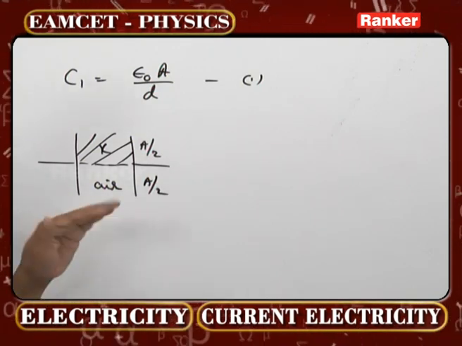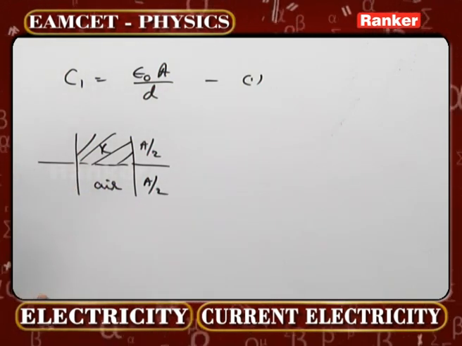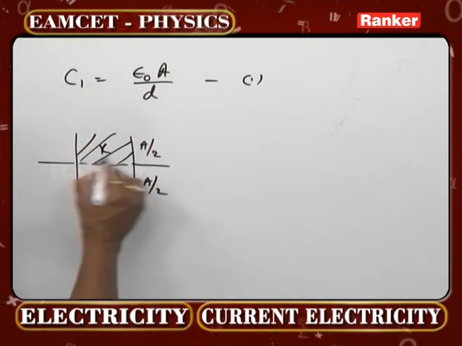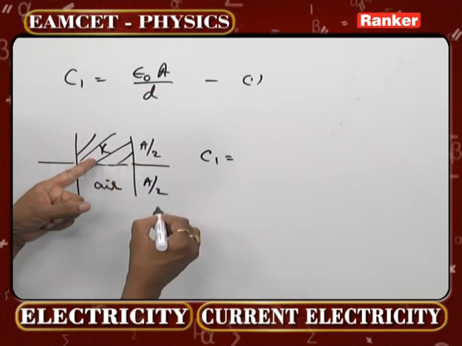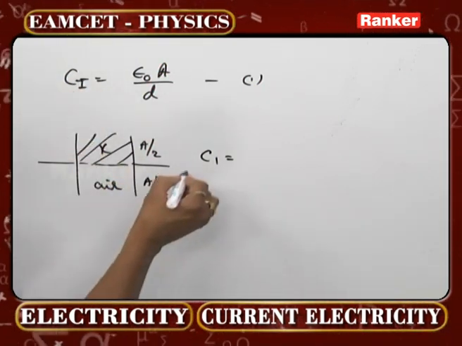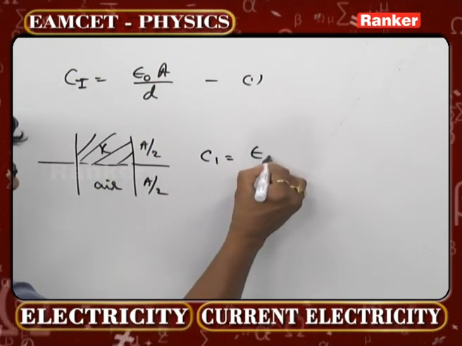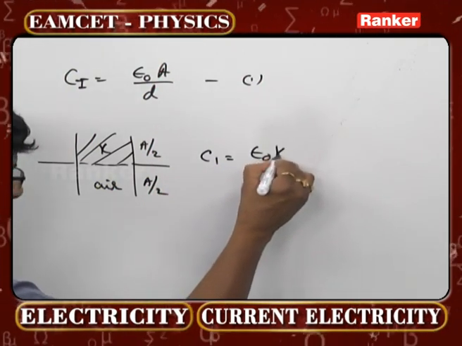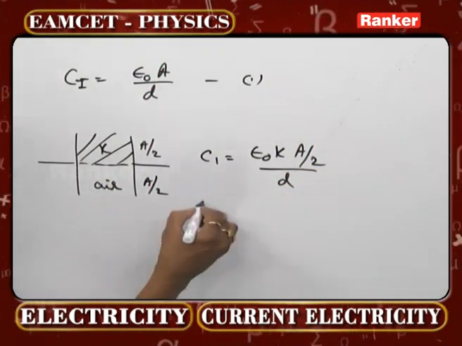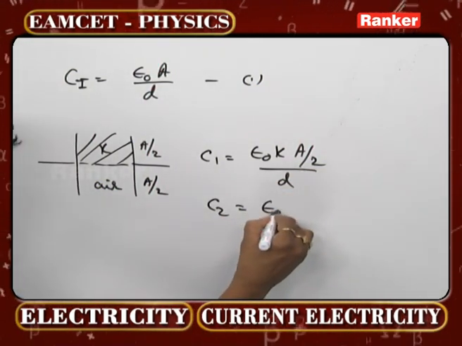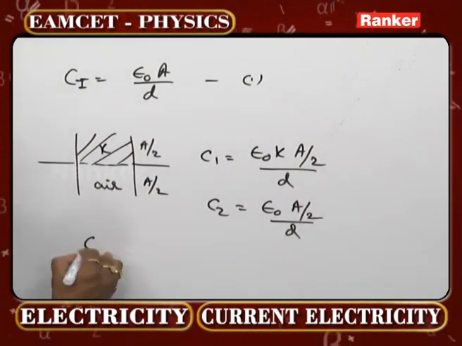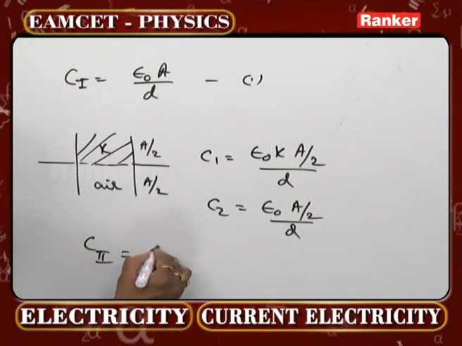So half of that area is covered with dielectric, means remaining half is left like that only. That means we are going to have air. I take C1 for this part this way. Now C1 is equal to epsilon naught K A by 2 by D. Likewise, what is C2? Epsilon naught A by 2 by D. Then what will be the effective capacity of this one please?